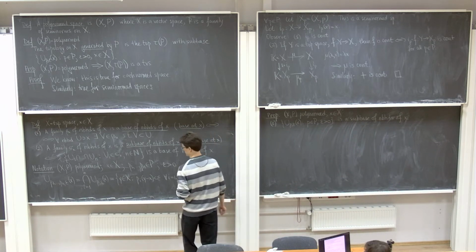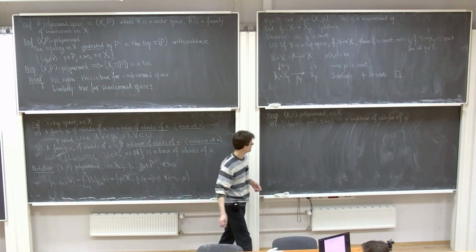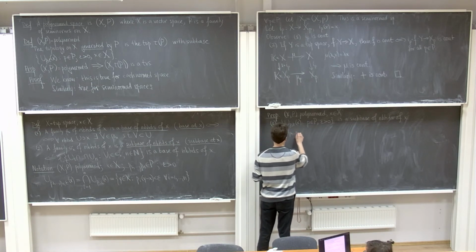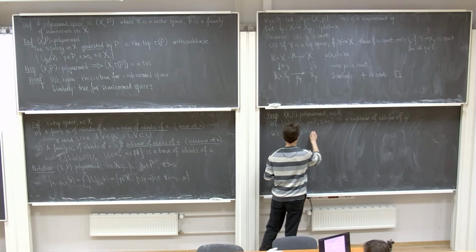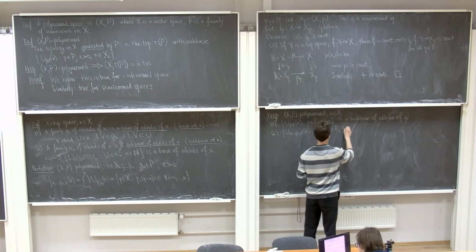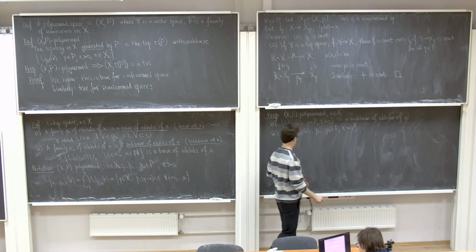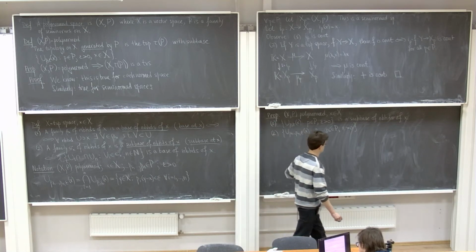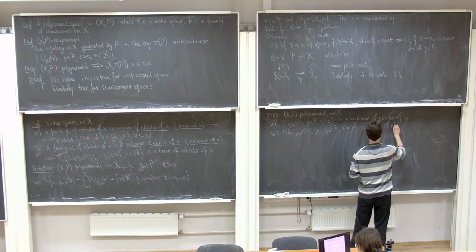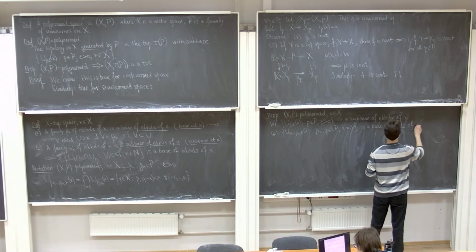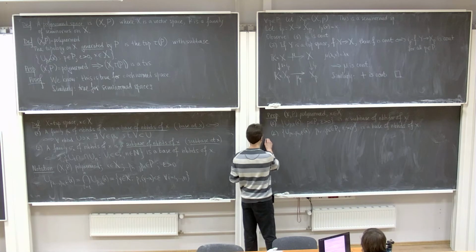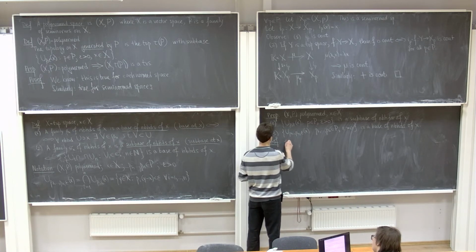And second, if we consider sets of this form, U_{p_1,...,p_n,epsilon}(x), where p_1 to p_n are semi-norms from our family and epsilon is a positive number, then the family of all such sets is a base of neighborhoods of x. The proof is a simple exercise for you.